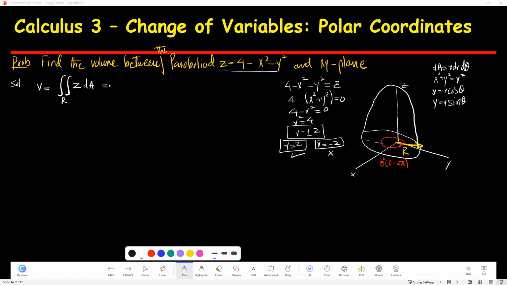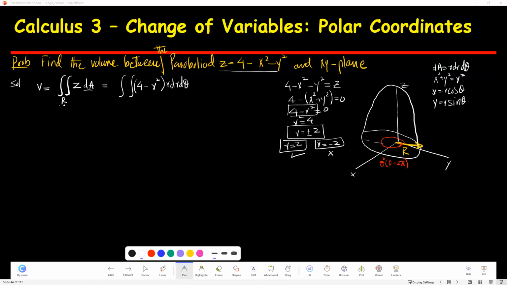I can also write this. Our current conditions are like this: z equals to 4 minus r squared. We talked about that, it is right here. Then I need to convert this dA to r dr d theta.